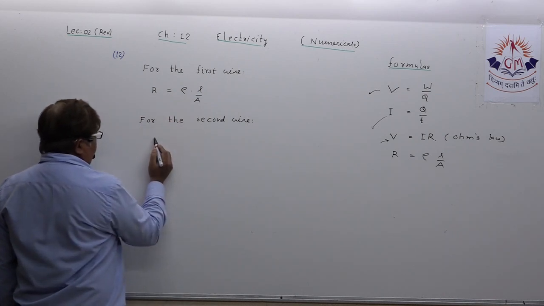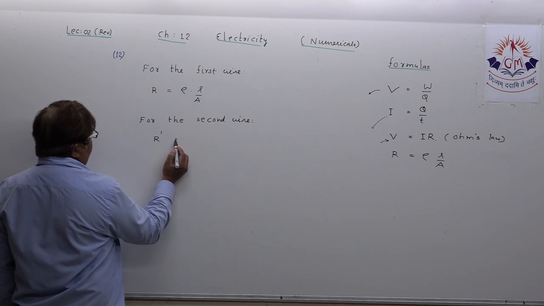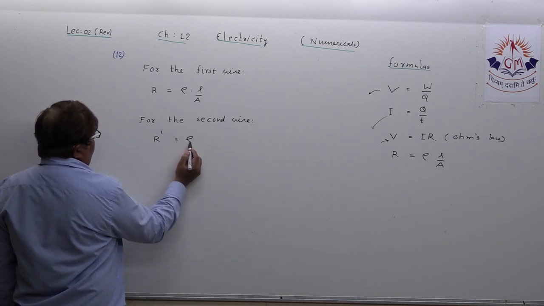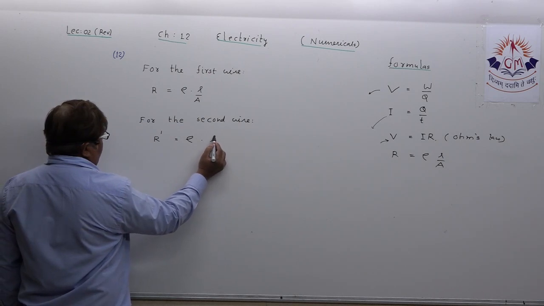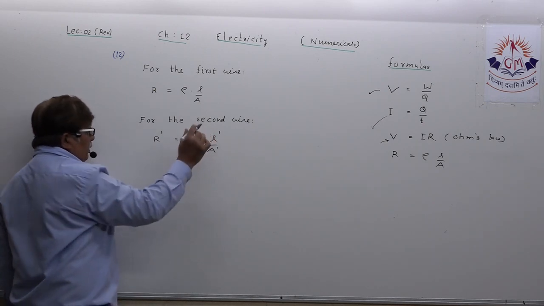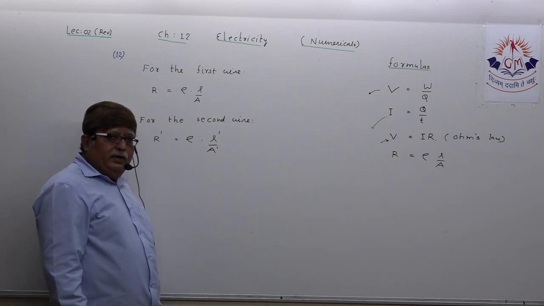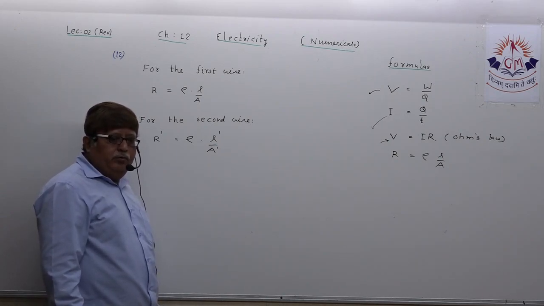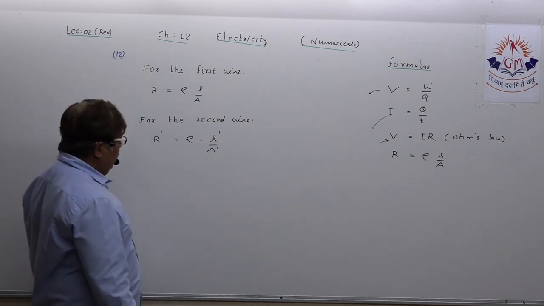For the second wire, I am telling the resistance as R dash equal to rho, and instead of L, I should write L dash and A dash. Please note down the method which we are adopting. If it is asked in a numerical of 2 marks, then you have to be very sure regarding this.